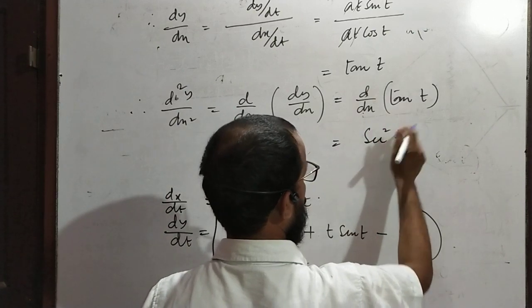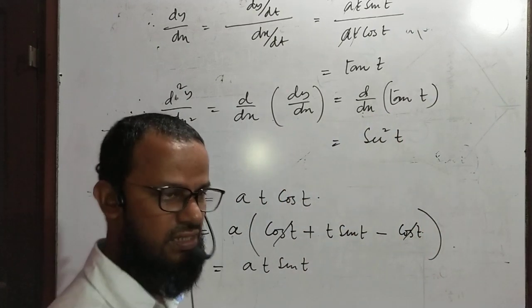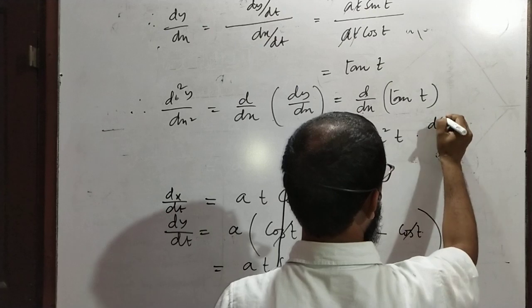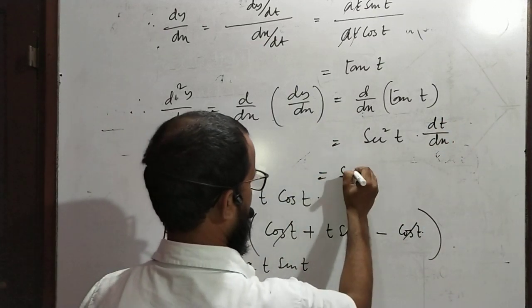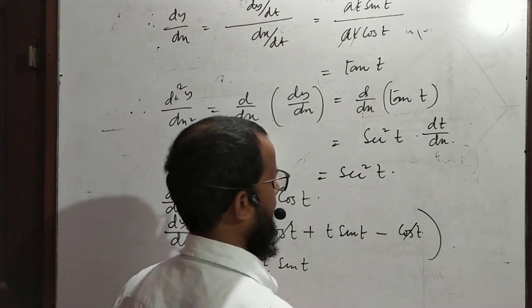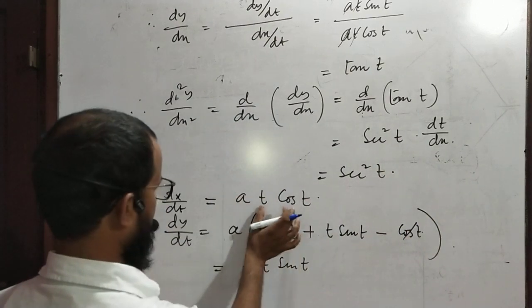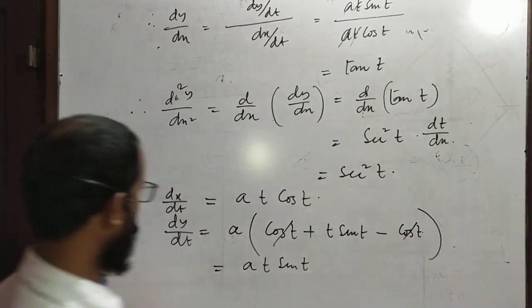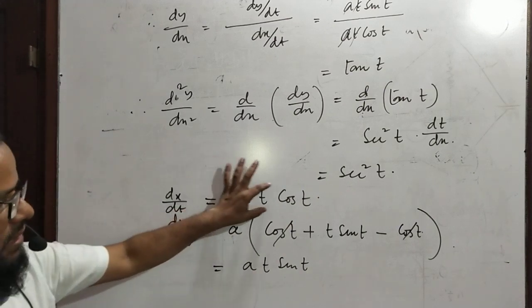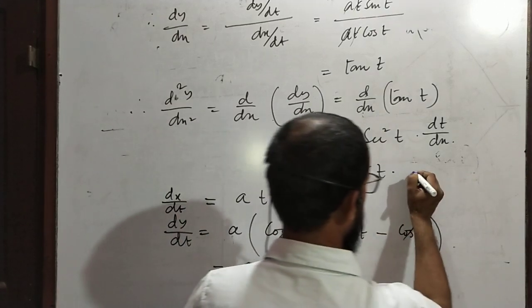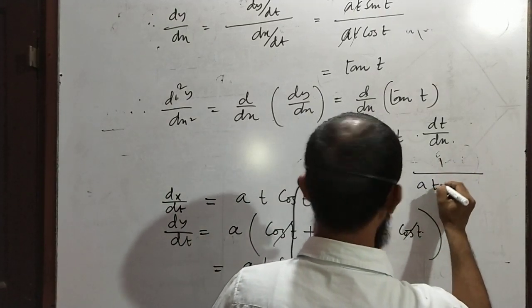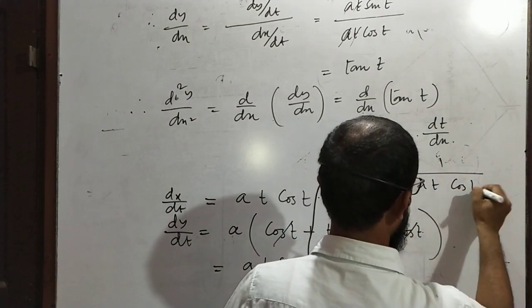So here sec square t, since t is other than x, again the derivative of t with respect to x. Finally sec square t and dt by dx is what? dx by dt is equal to a t cos t. So dt by dx will be 1 by a into t into cos t.